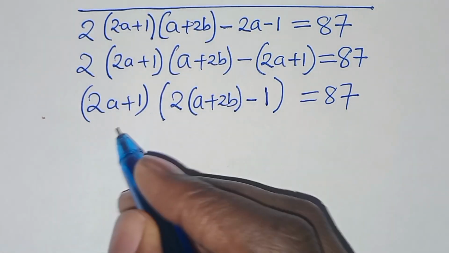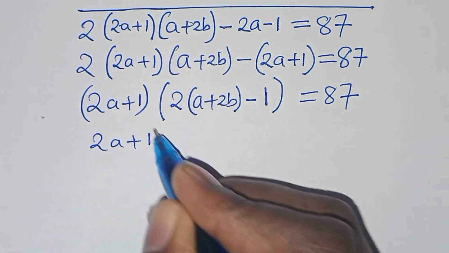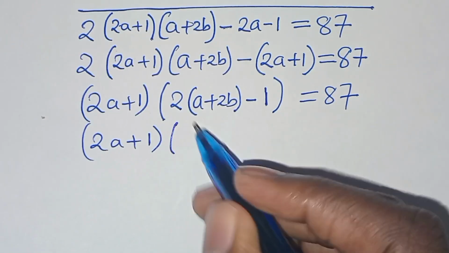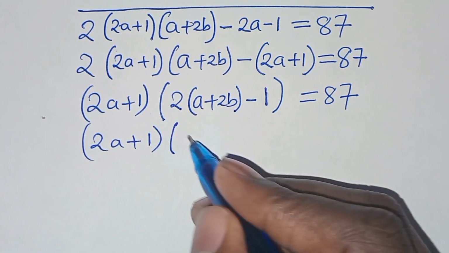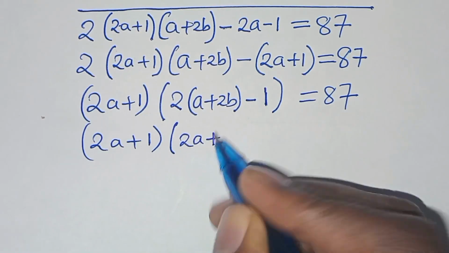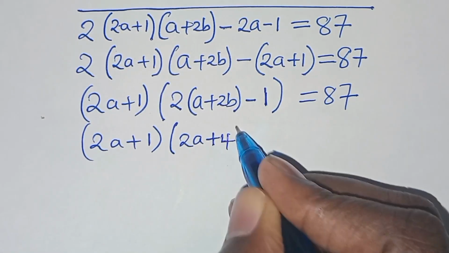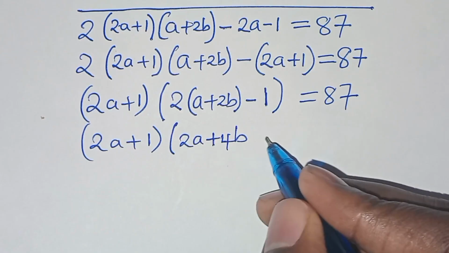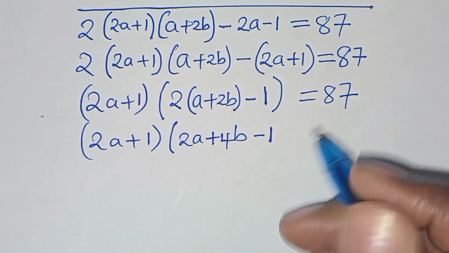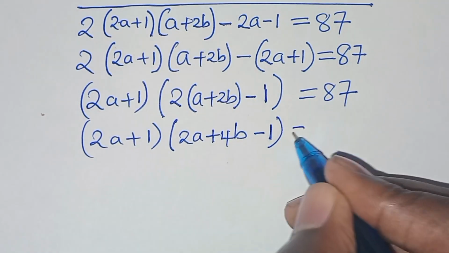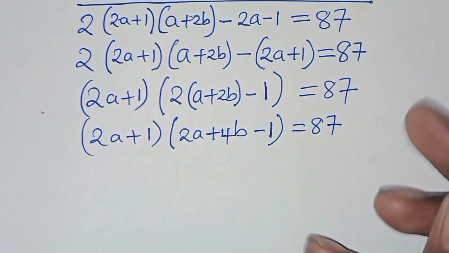So now from what we have here, this is 2a plus 1, close the bracket, then we have 2 times a, which is 2a, plus 2 times 2b, this is 4b, then subtract 1, equal to 87.